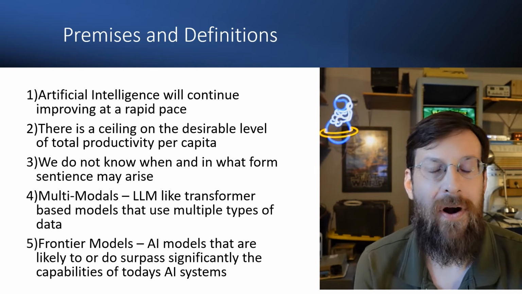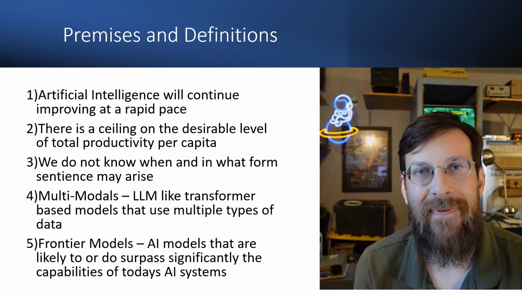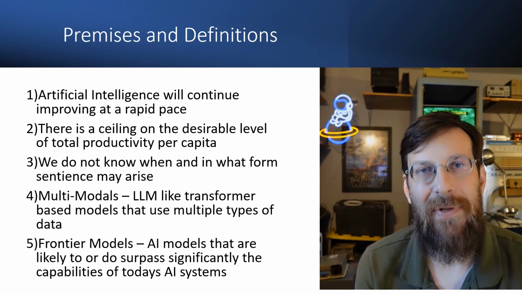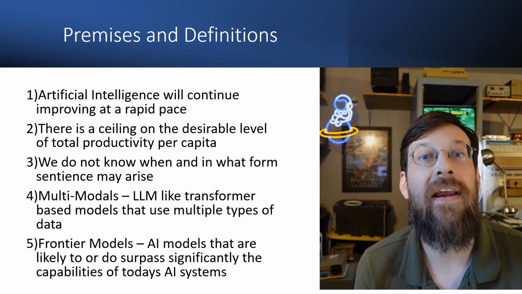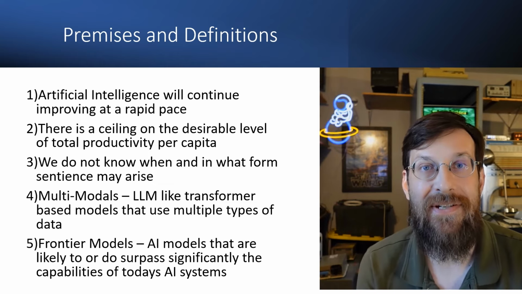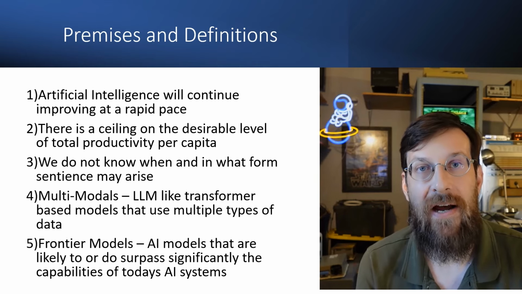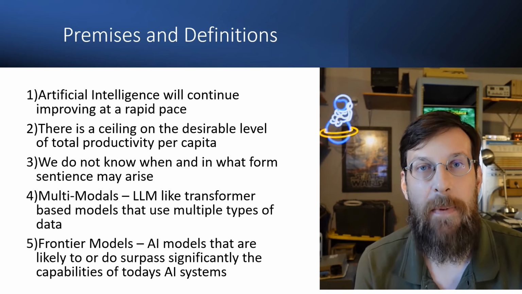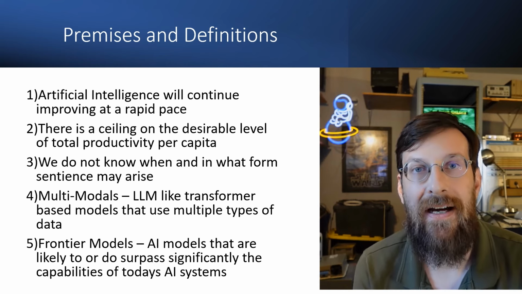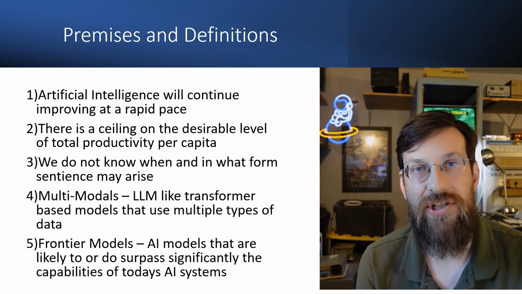And researchers are finding that multimodals are showing some very exciting capabilities, which is really neat. And then frontier models is something that's being thrown around in the halls of government on capabilities that exceed what we can do today by a significant amount in some way, shape, or form.